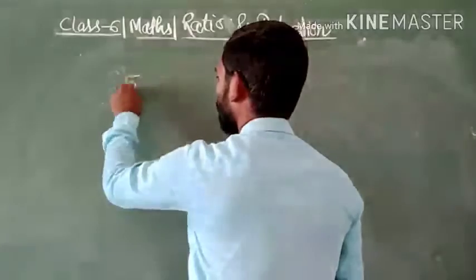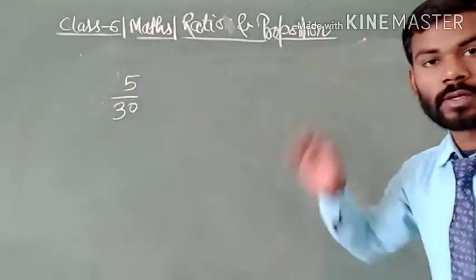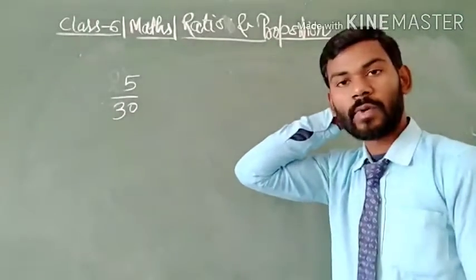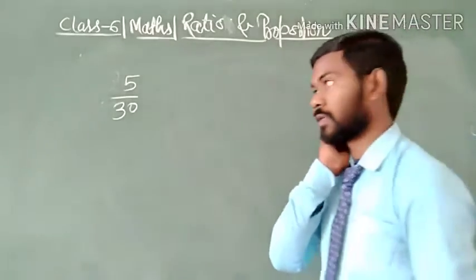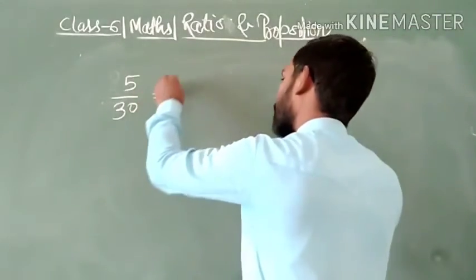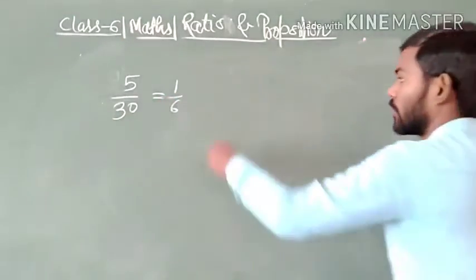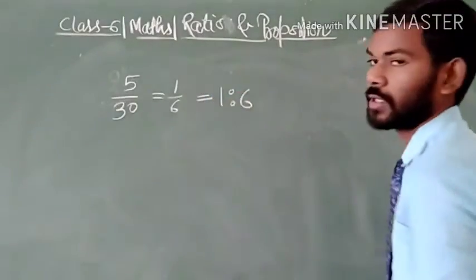If 5 upon 30 is a given quantity for which we have to define the proper ratio, when we simplify it, we get 1 upon 6, or it may also be written as 1 is to 6. Okay.